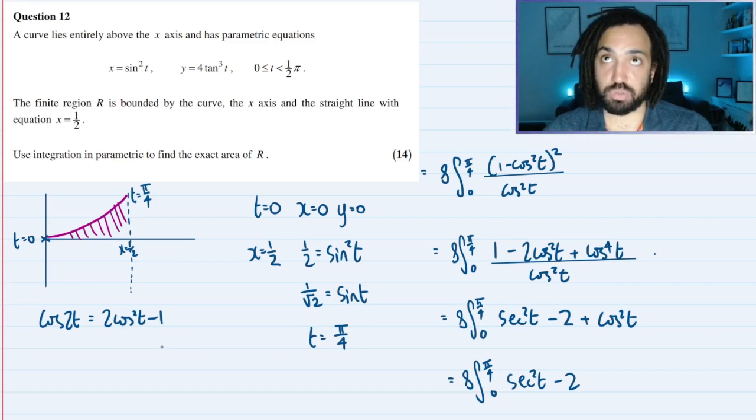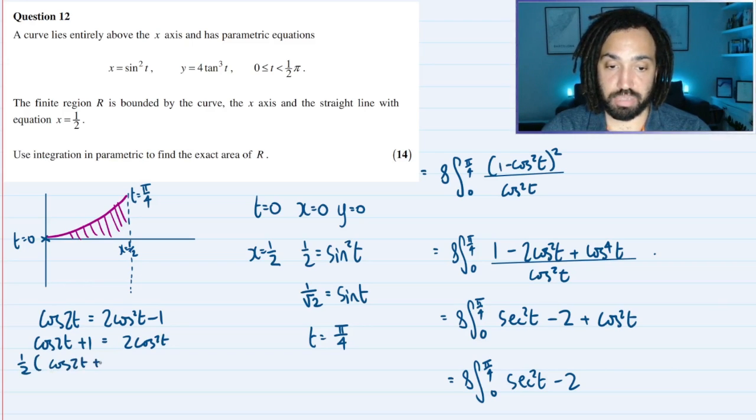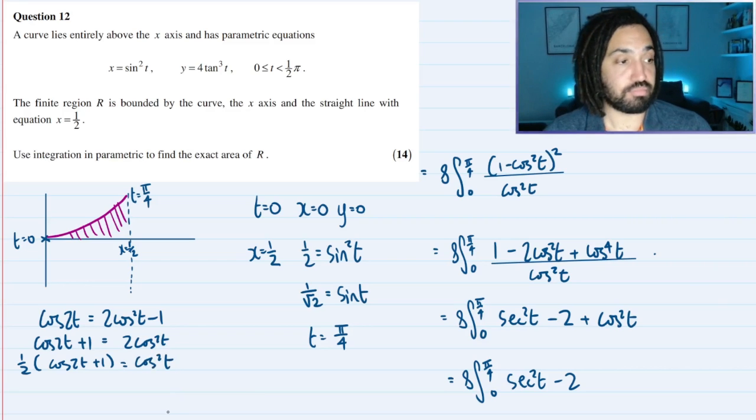Amongst other things, of course, it's 1 minus 2 sine squared, and it's also cos squared minus sine squared. But this is the one we're going to use, because we can add 1 to both sides, and then we can divide by 2. So we get a half cos 2t plus 1 is equal to cos squared t.